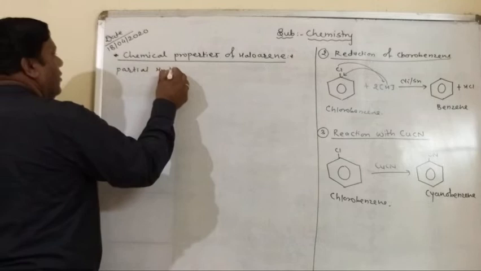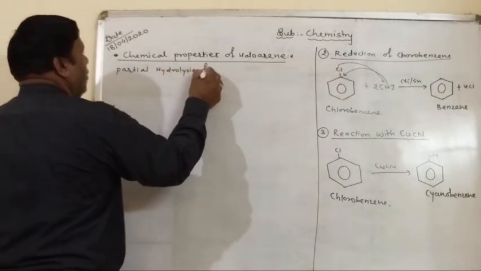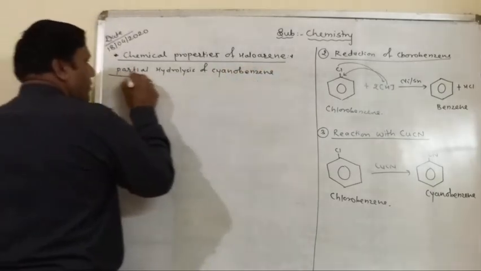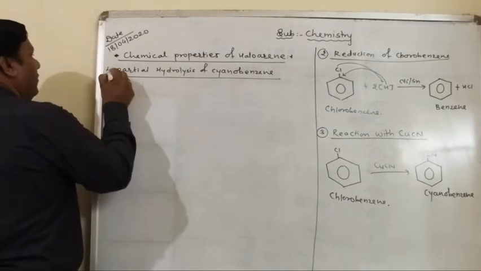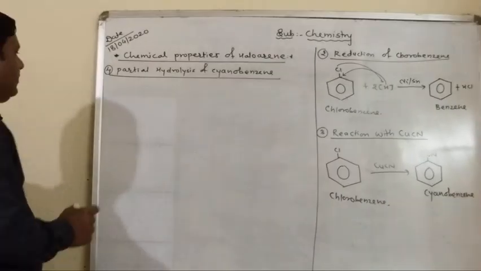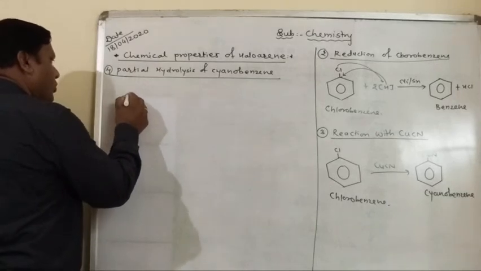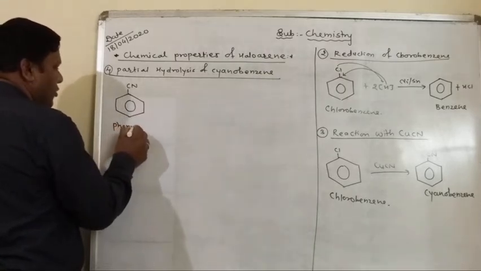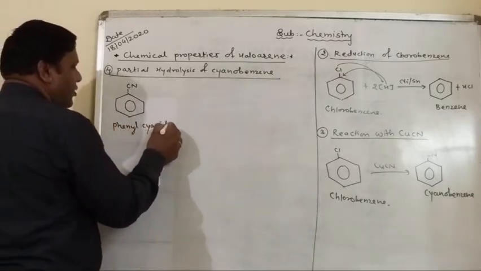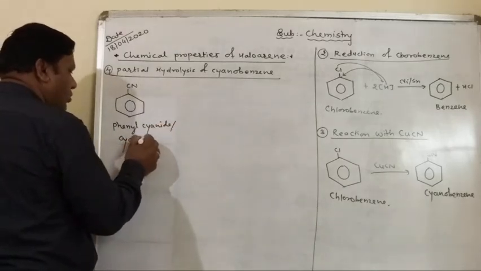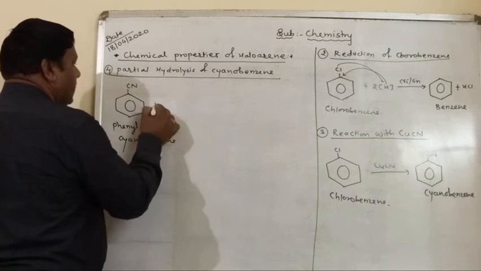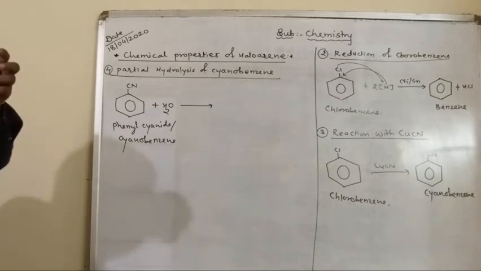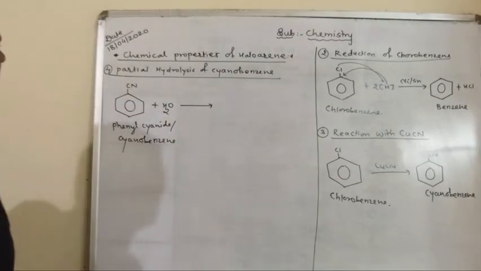Number 4, partial hydrolysis of cyanobenzene. When this phenyl cyanide, also named cyanobenzene, is hydrolyzed, hydrolysis means addition of water, but partial means only one water molecule is added here.